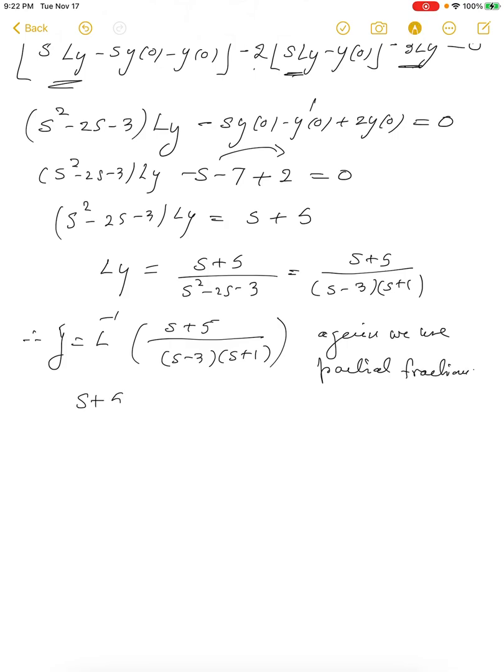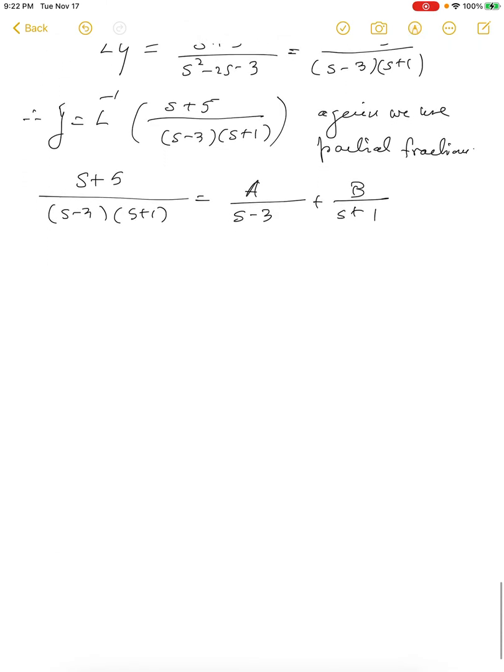So I want to write (s plus 5) over (s minus 3)(s plus 1) as a over (s minus 3) plus b over (s plus 1). That tells me that s plus 5 must be identically a times (s plus 1) plus b times (s minus 3). So I now equate coefficients of s to the 1.